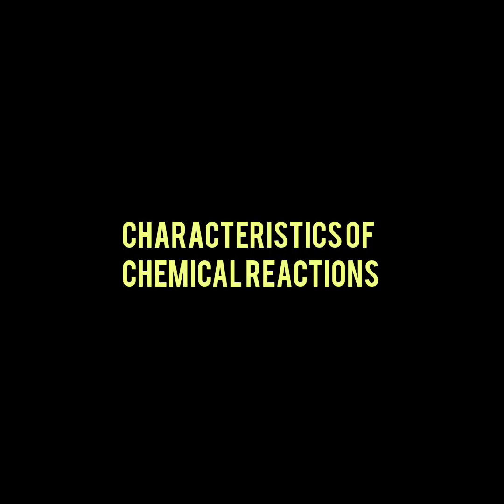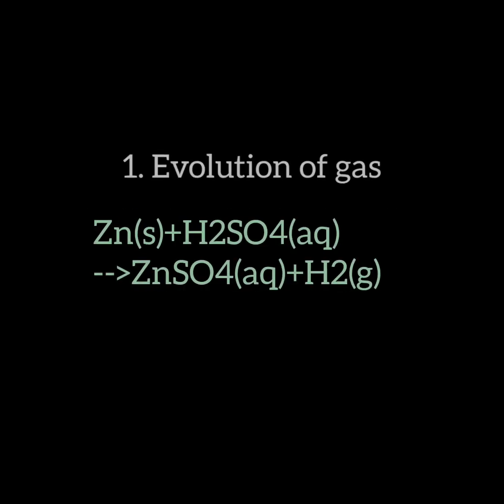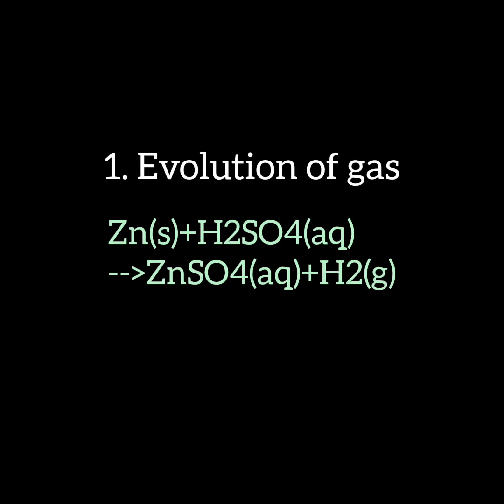Now let us see the characteristics of chemical reactions. What all things are happening after a chemical reaction? First one is evolution of gas. Let us see the reaction of zinc and sulfuric acid.